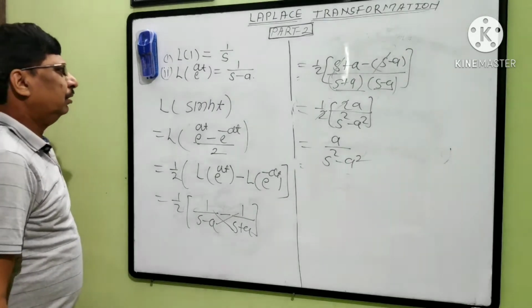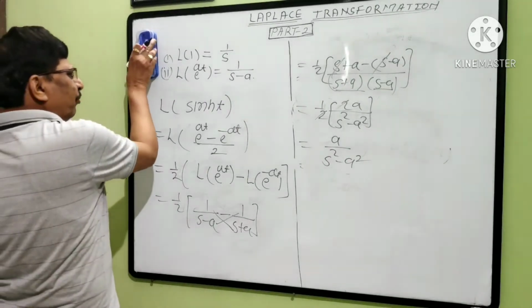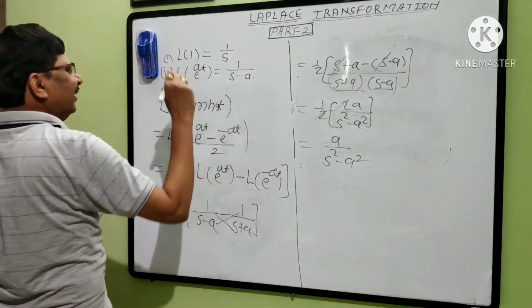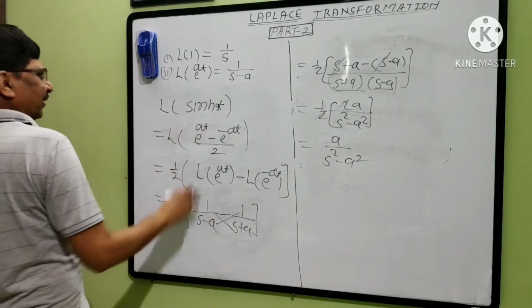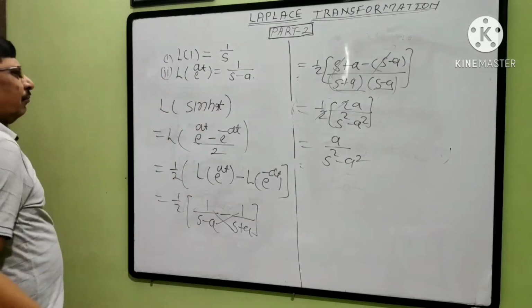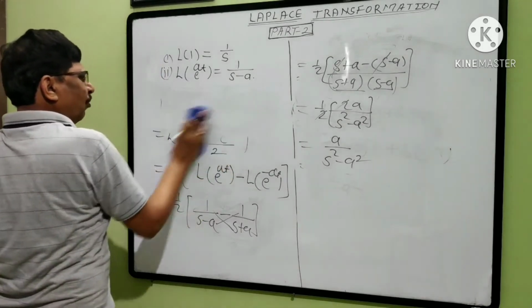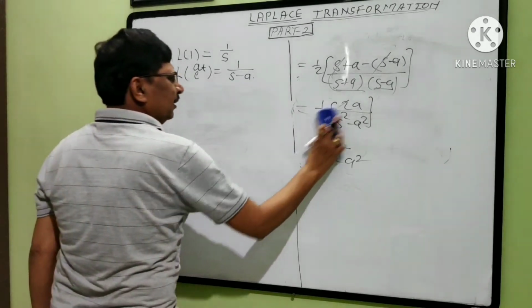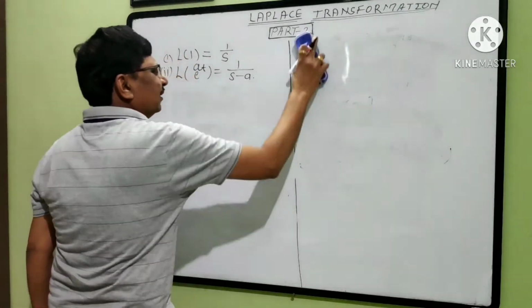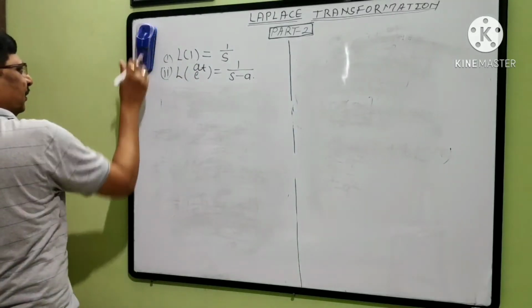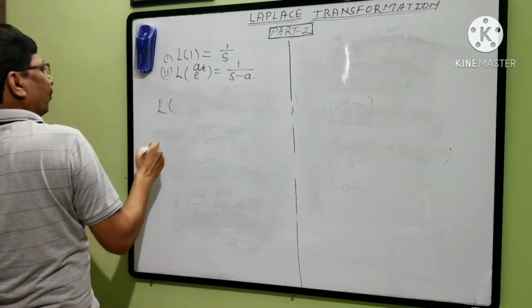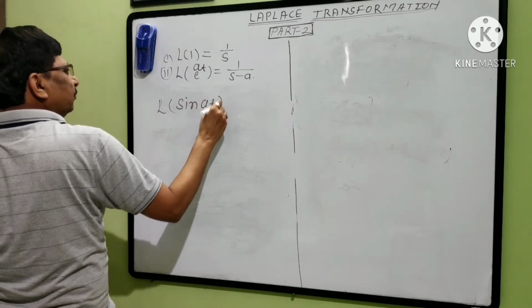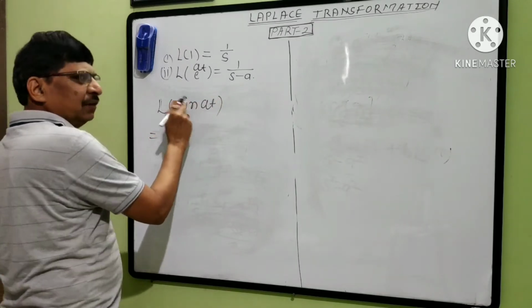Now we have written sinh(at). Now find the formula for the simple trigonometric, that is circular function. Now the Laplace transformation of only sin(at), not hyperbolic.